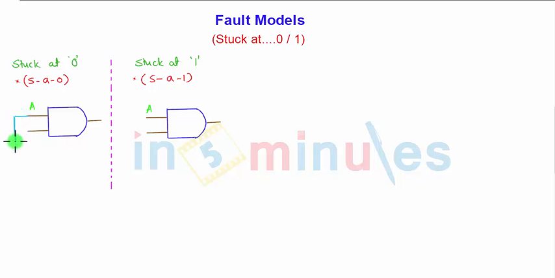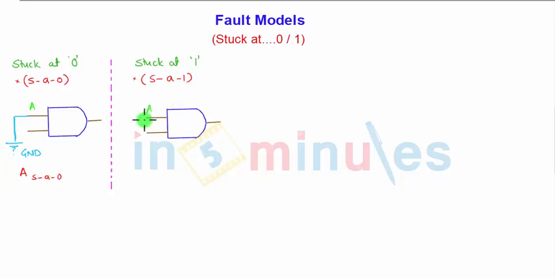No matter what input you give to point A, it will be shorted to ground, hence point A will be 0, that is nothing but it is stuck or latched at ground or 0. So I'll denote it as A stuck-at-0.